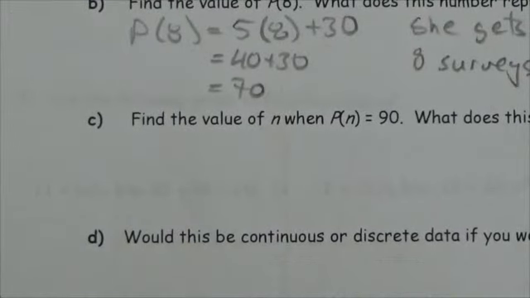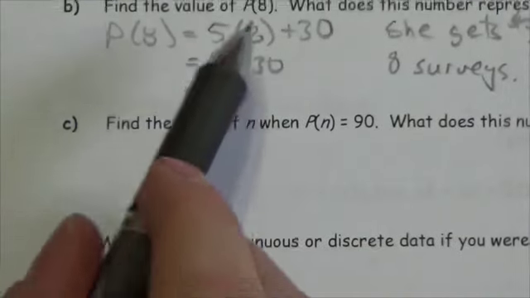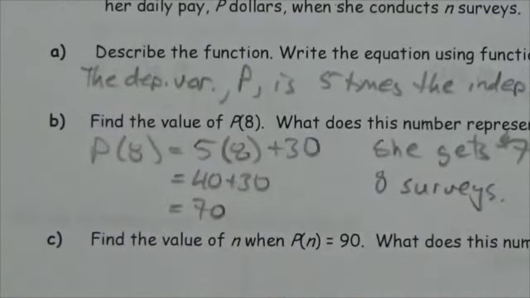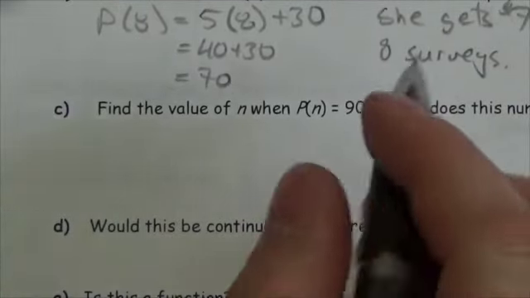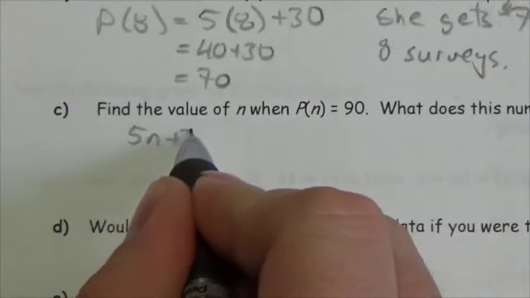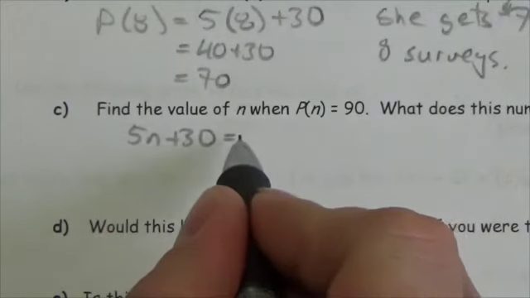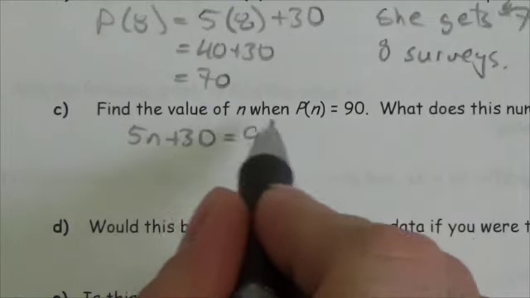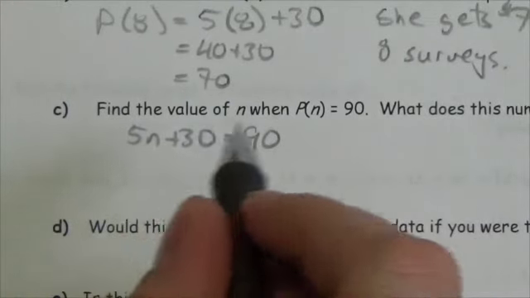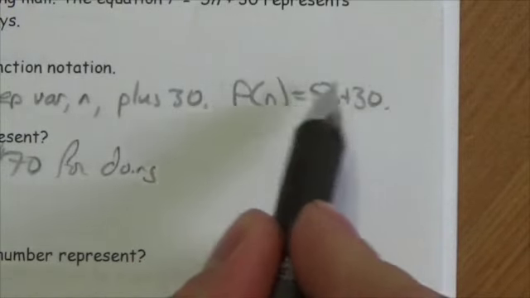Now let's take a look at this one. Find the value of n when P of n is equal to 90. See, now there, again, this is an equation that needs to be solved. Up here, P of 8 was just an expression to be evaluated. This is an equation to be solved. So P of n is 5n plus 30. Okay, that is how P depends on n, and this expression is equal to 90. So the dependent variable, what this thing is equal to, okay, so if you just look at my function notation, P of n is equal to this.